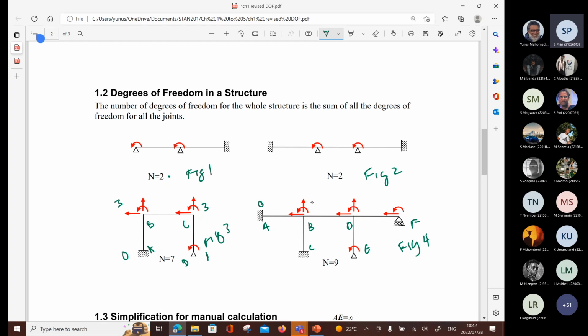C? 0. D? 3. And E? 1. At F, I've got a roller, so it's got 2 degrees of freedom, right? So I've got 2, 6, and 2 is 8, and 1 is 9. All right, so we've got 9.